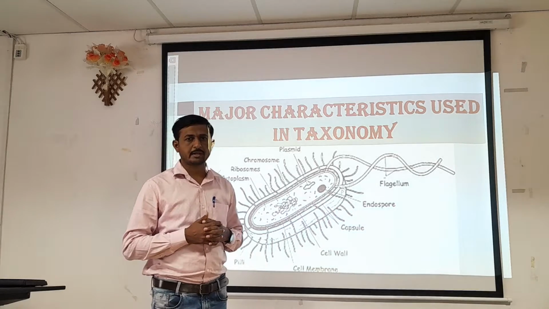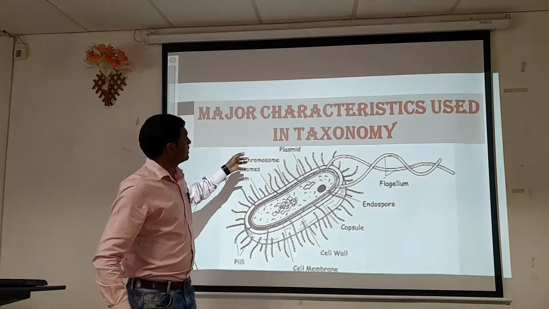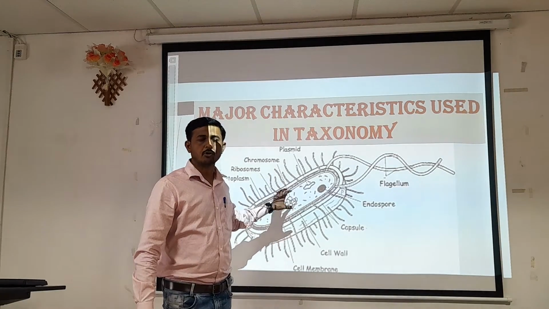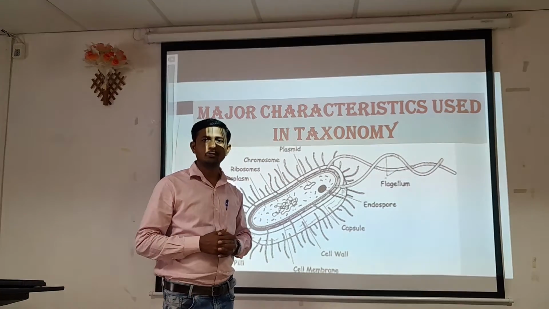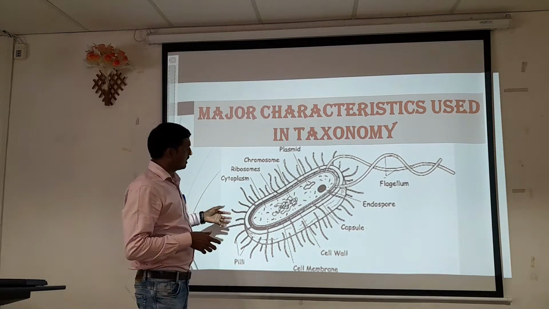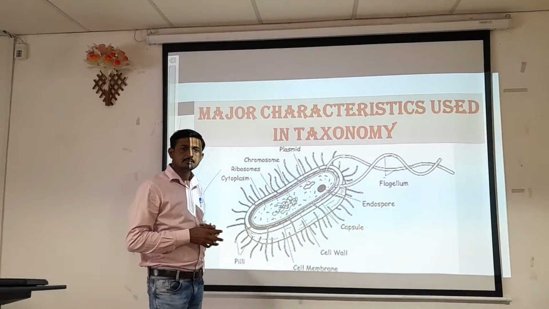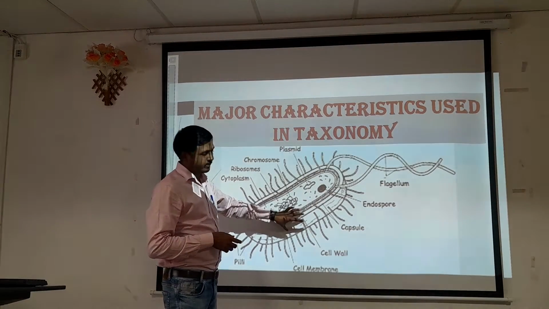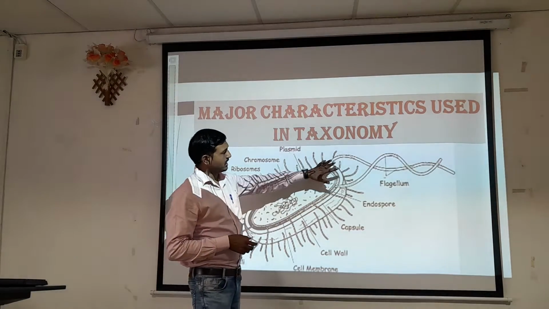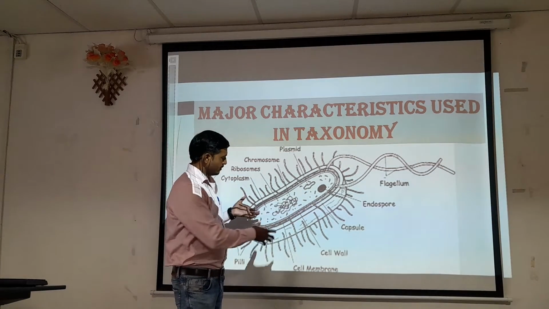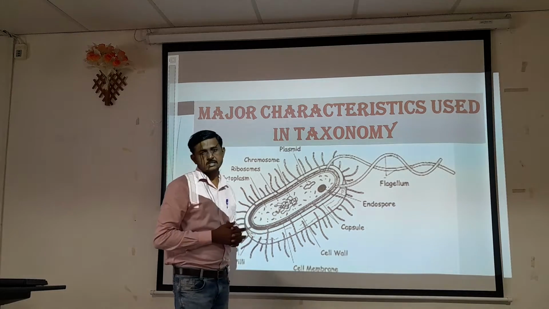It is a micromolecular approach, and in this we discuss the major characteristics which are used for the classification and identification process. In this diagram we can see a typical bacterial cell having an external appearance, that is cell membrane, cell wall, flagella, pili, and inner cellular organelles present inside the cytoplasm.